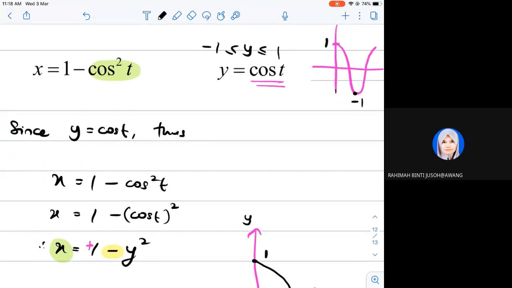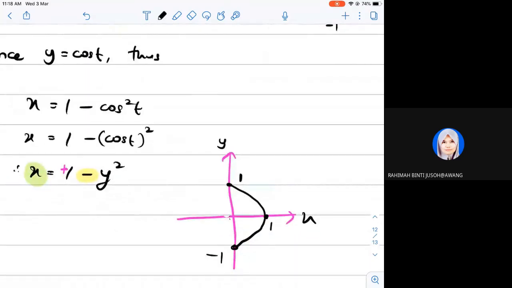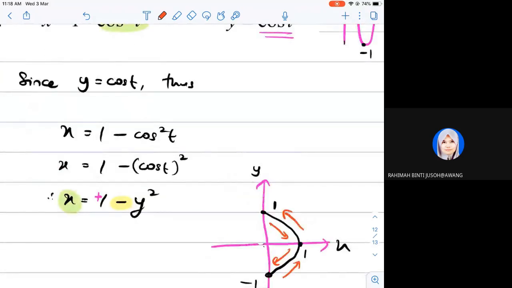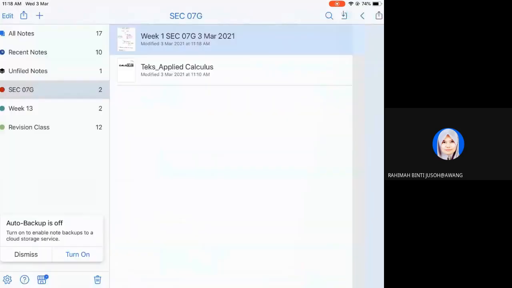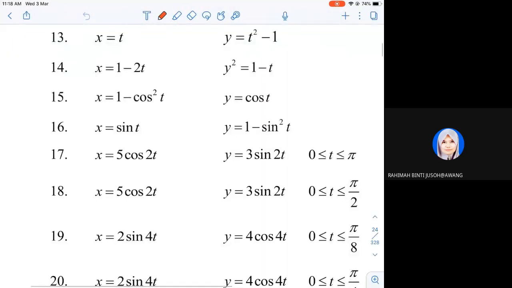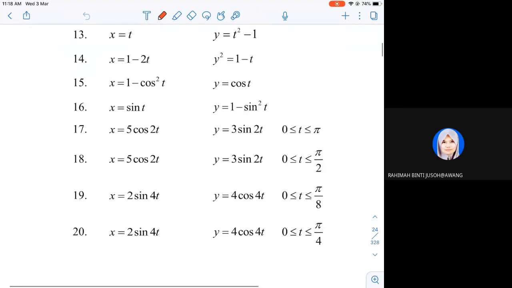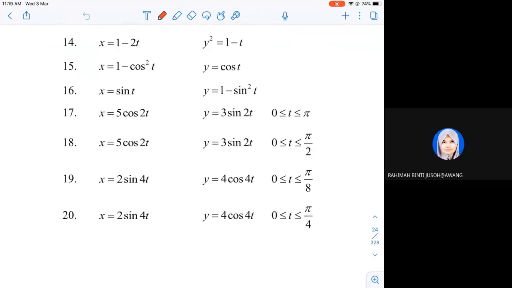Bila kes macam ni, you punya orientation dia ada turun naik lah. Ups and down. Ke atas, ke bawah, like that. That's the orientation for this type of question. Dia sama macam soalan number 16, samalah. Sebab dia case macam ni, special case.